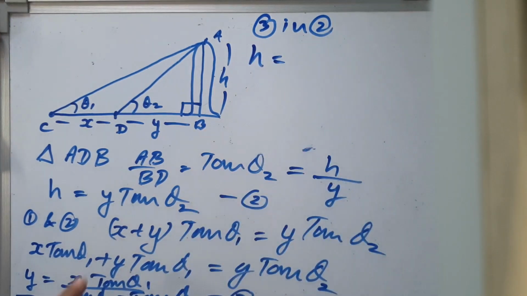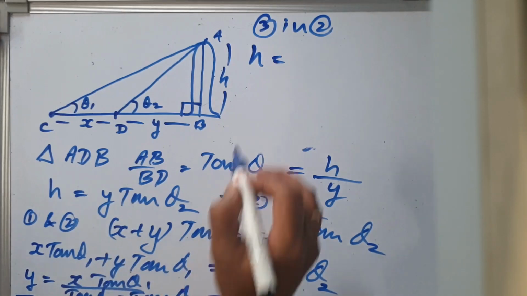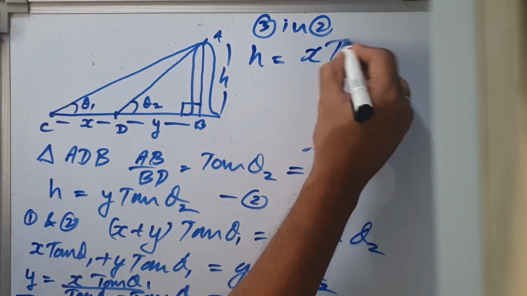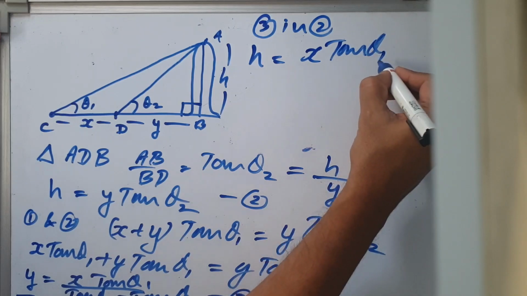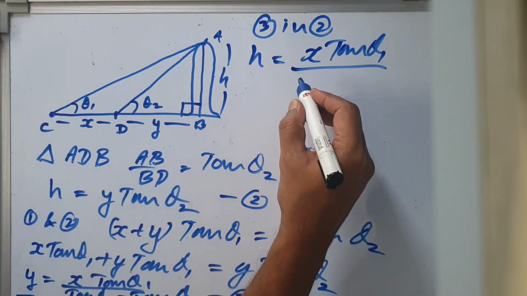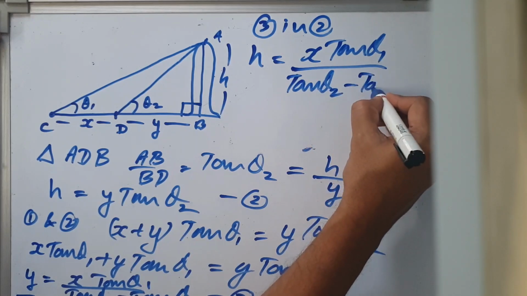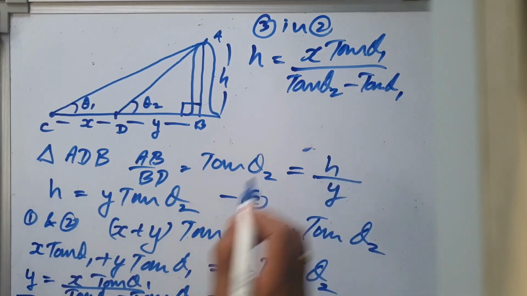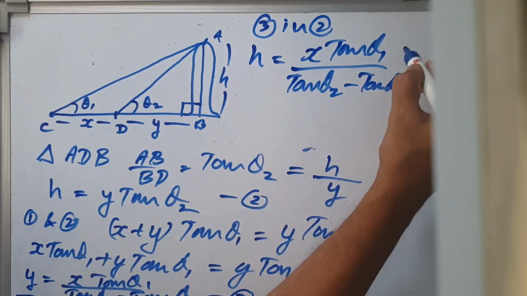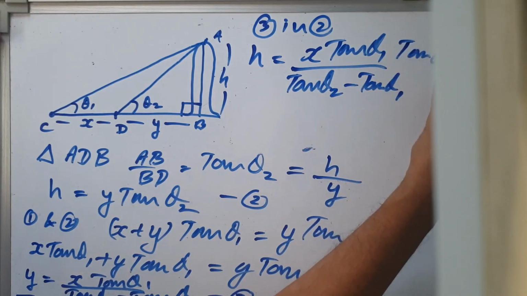H is equal to, in place of this Y, I'm going to substitute this value. Then what do I get? X tan θ1 upon tan θ2 minus tan θ1, that is Y, into tan θ2.